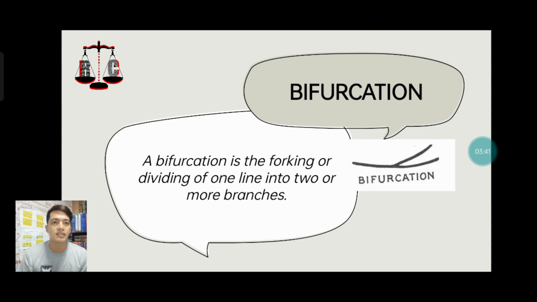It forms a branch, dividing from one ridge into two ridges or two or more branches, so it becomes a bifurcation.